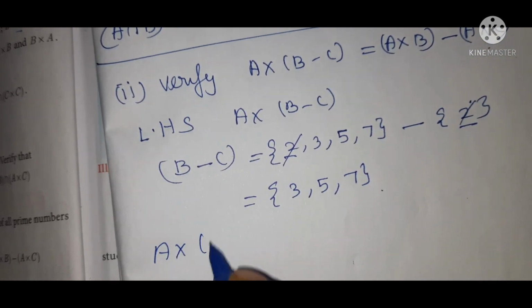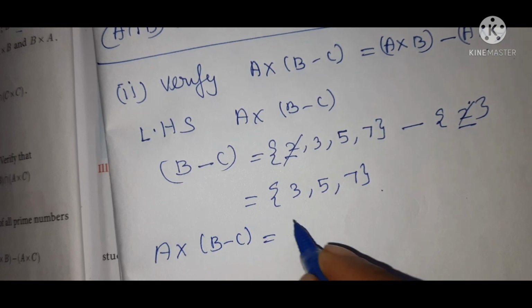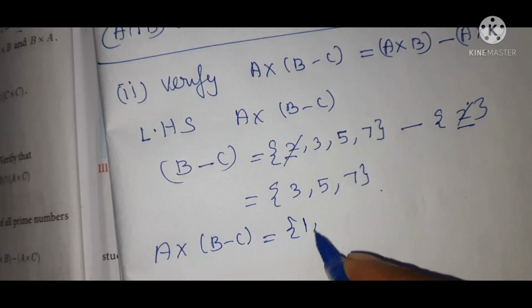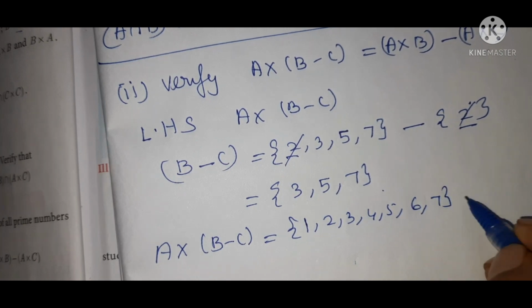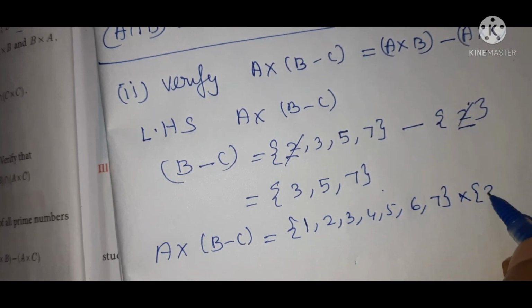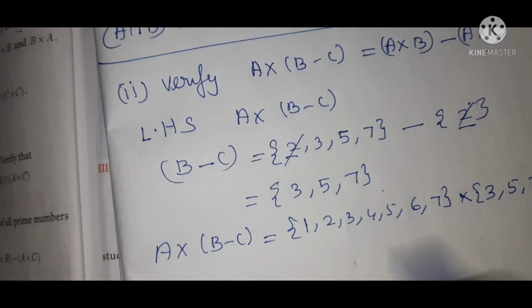A cross B minus C: A is 1, 2, 3, 4, 5, 6, 7, cross 3, 5, 7.